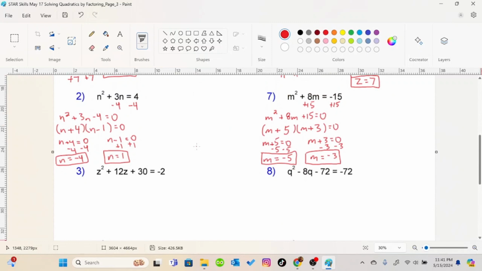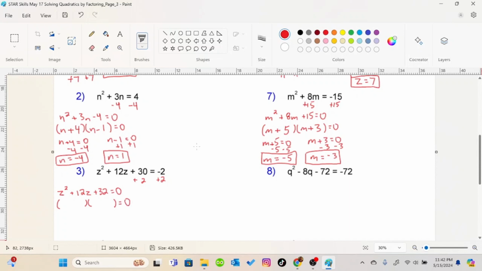Number 3. First, we're going to add 2 to both sides so that we can set this standard form equation equal to 0. So we have z squared plus 12z plus 32 equals 0. Now we can turn it to factored form.